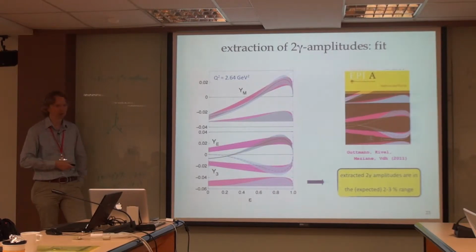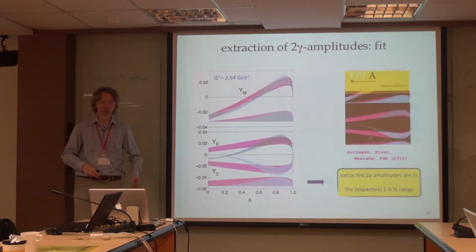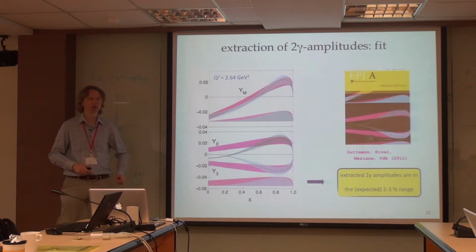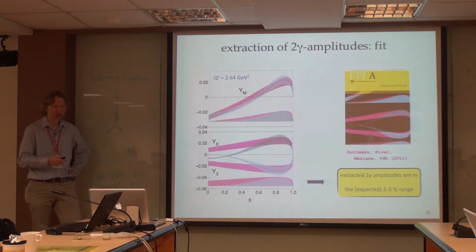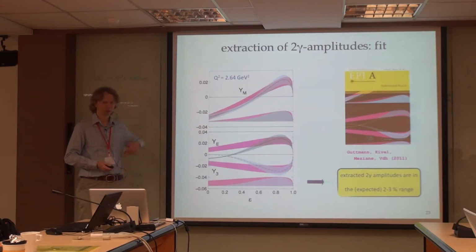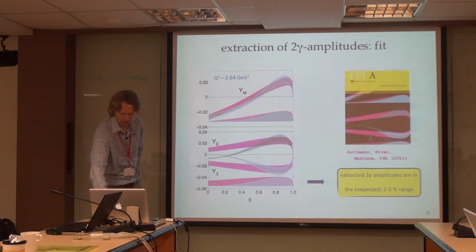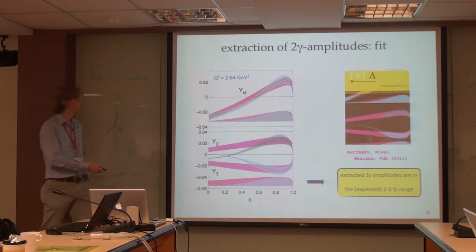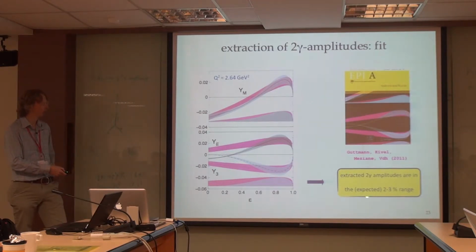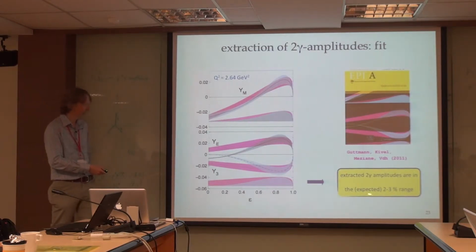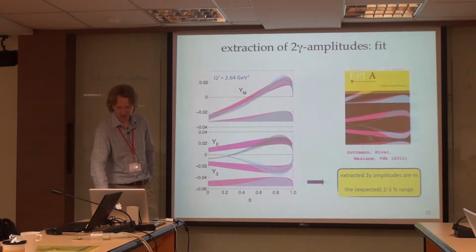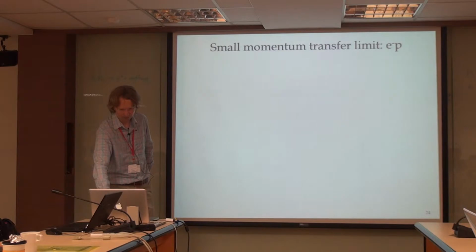And it's this linear dependence which is responsible for the 2 different extractions of the electric over magnetic form factor, because this linear dependence changes the slope in these Rosenbluth plots. So basically, 2 photon amplitudes in the range of 2 to 3% are sufficient to explain this big difference in the extracted form factors.